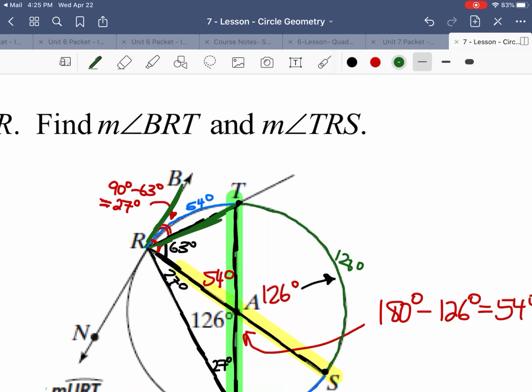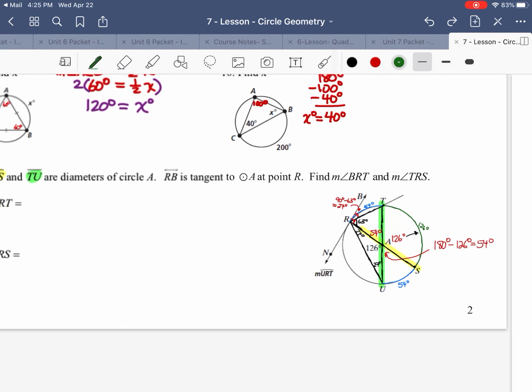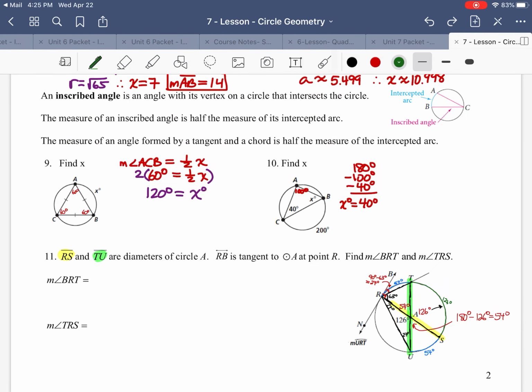It's going to be half of that intercepted arc. The intercepted arc is 54 degrees, so that makes that angle tucked in there 27 degrees. There's a lot going on with that, but at long last, we finally get an answer: 27 degrees. Let me make it thicker again.